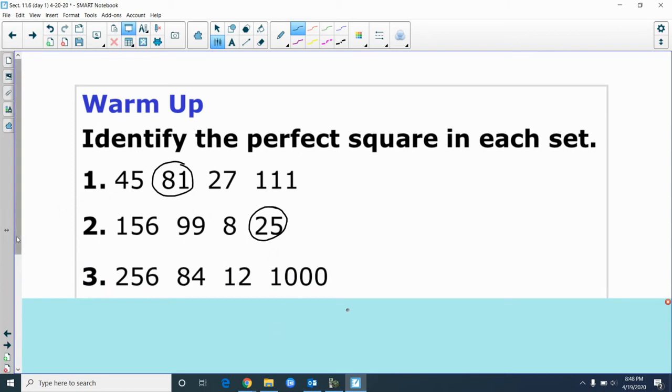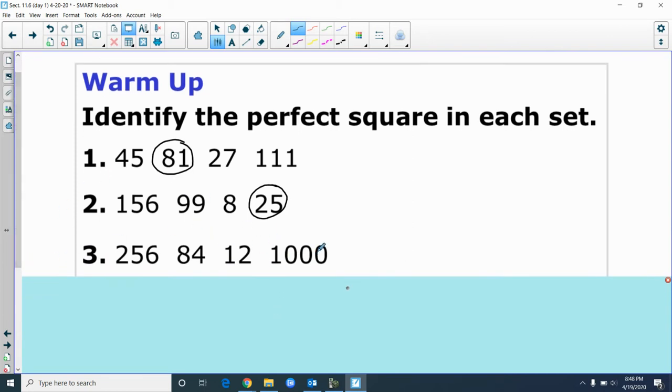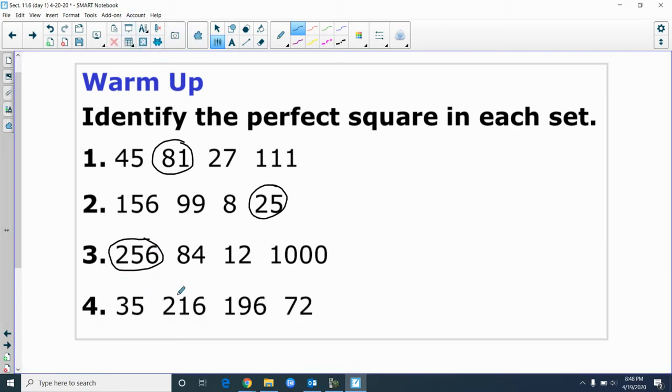And the third one, we got 256, 84, 12, and 1,000. Now, this one's not quite as easy. This one's 256. And there's one more, the last one: 35, 216, 196, and 72. This one is 196.